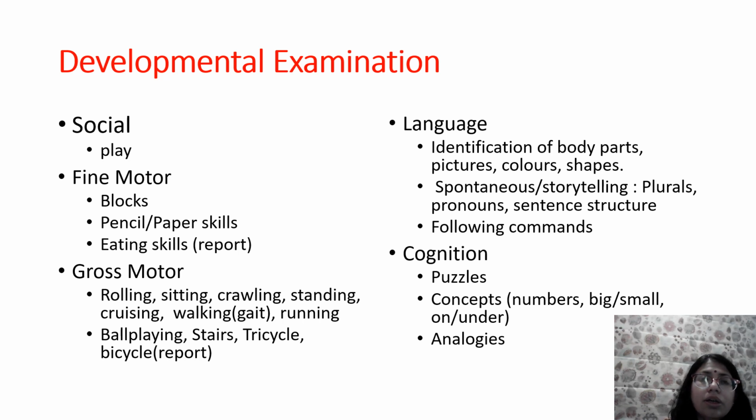Then later on, the blocks can also be used to check for other manipulative skills, like whether he is able to copy or imitate objects like a train, a gate, a bridge, stairs, which will be according to the age appropriateness. Also, whether he is able to assemble cubes in the form of a tower.